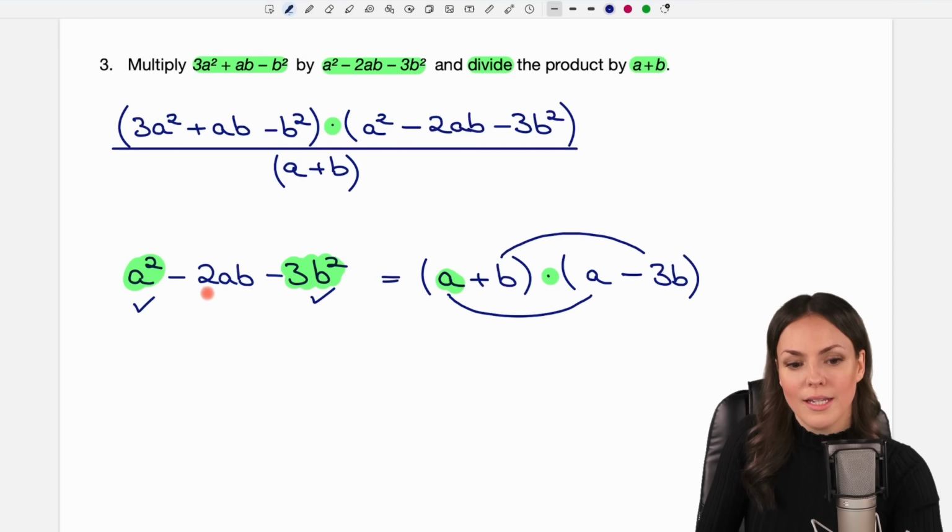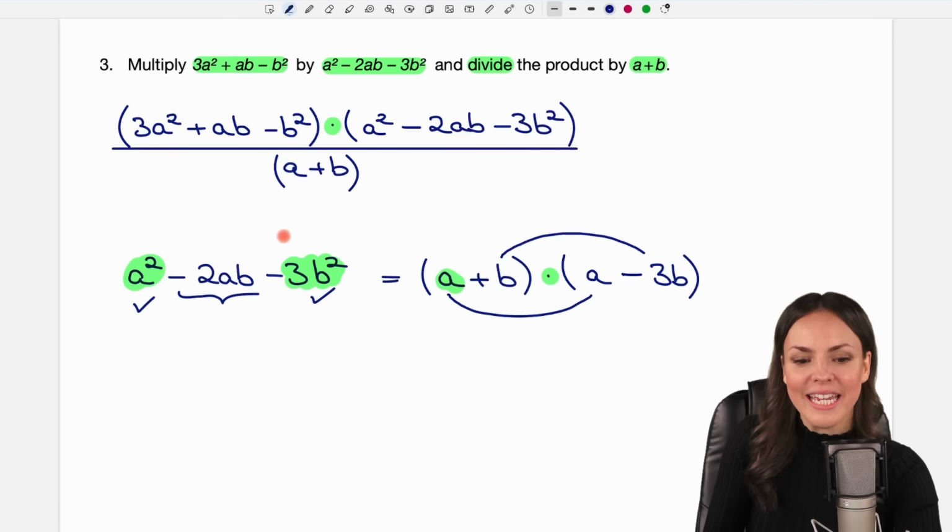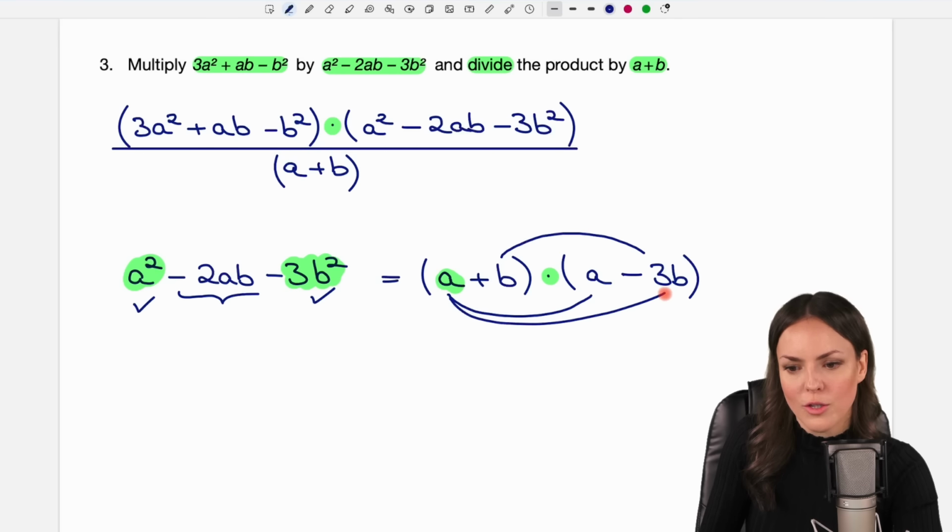The question is, what about this thing in the middle? We didn't use it at all. Well, we just hope that it works. So let's see if we multiply these two parentheses, if we get this result. This is just a guess, but usually it works. So let's multiply every element by every element and see if we get this result here.